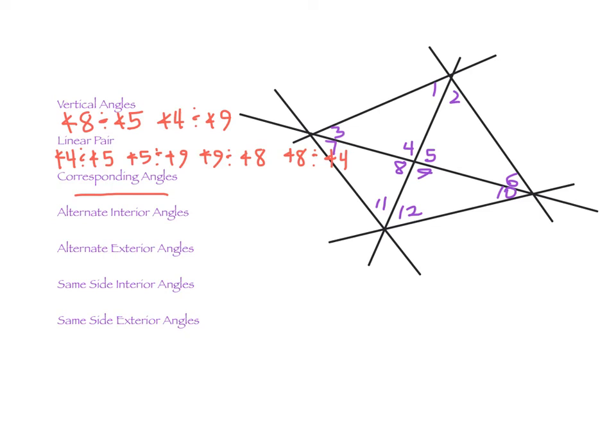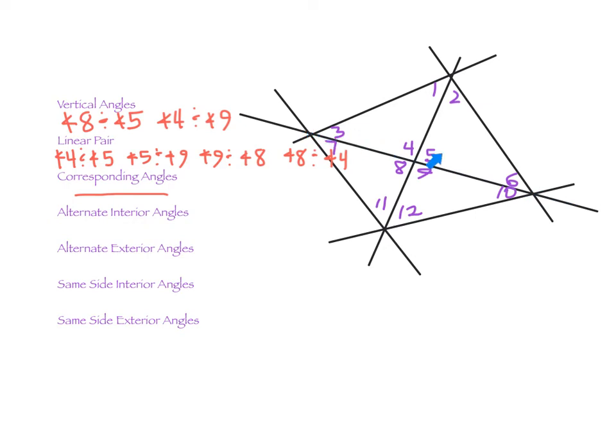What about alternate interior angles? Okay, so again, I'm looking for a transversal. What about this transversal right here? Remember, this is the Z angle, and I see a whole bunch of Z's here. Okay, so we're going to look at this transversal.